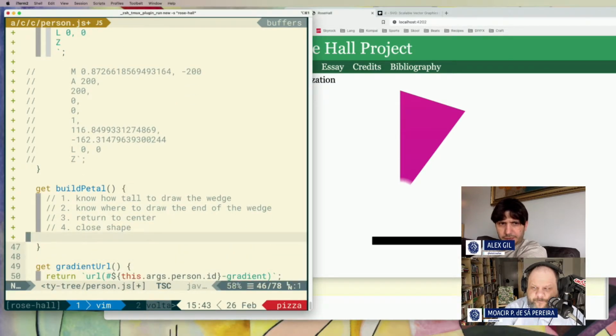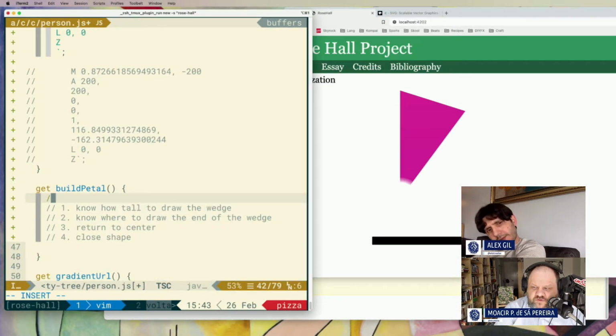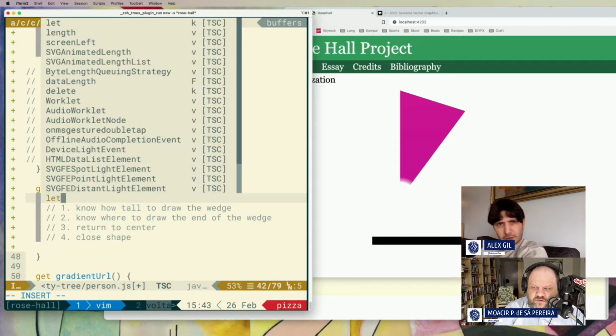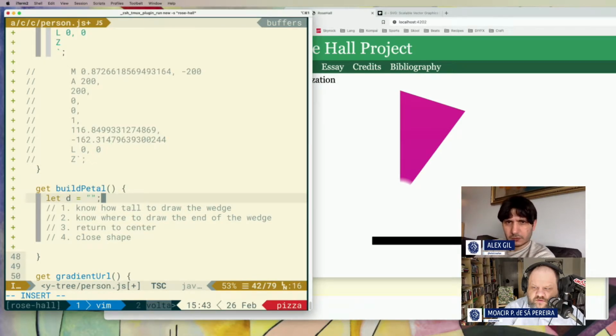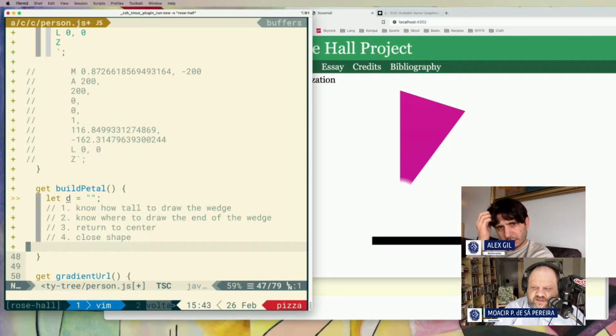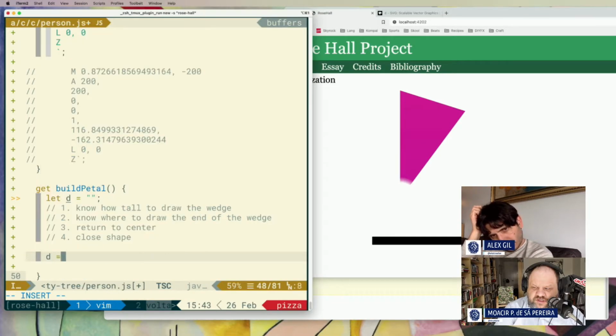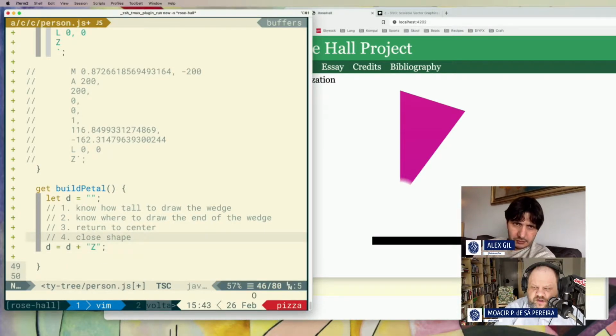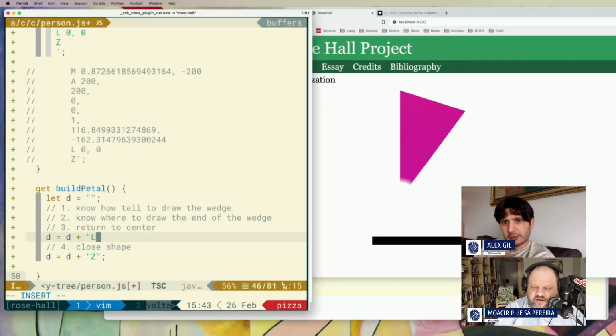Okay. So, and then at the end, we'll do d equals d plus z to close the shape. And we know that return to center will be d equals d plus L space 0, 0.